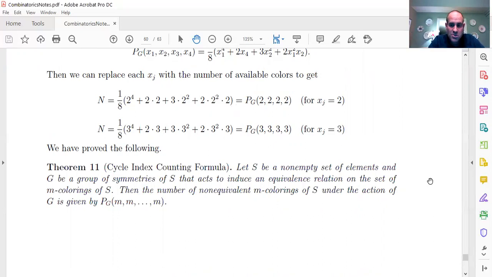That induces an equivalence relation on a set of M colorings of those objects. Then the number of non-equivalent M colorings of it under the action of G is just given by the cycle index polynomial, evaluated at all the variables equaling M, right, where M is the number of colorings.